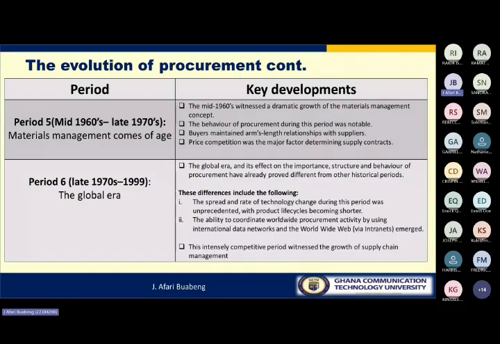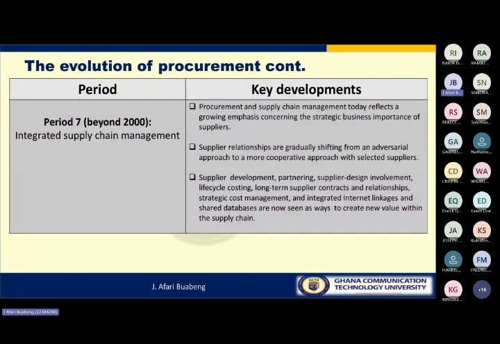We also focus on cost reduction. So once we can get the best deal outside, nothing stops the entity from going outside. So the concept of global sourcing actually started from period number 6, and then it continued to the final stage, period 7, where we find ourselves now, the integrated supply chain.